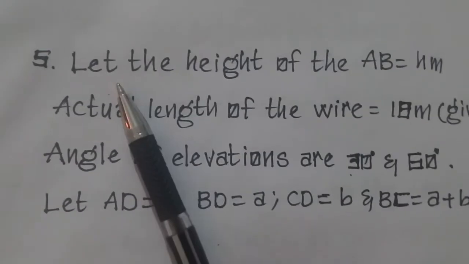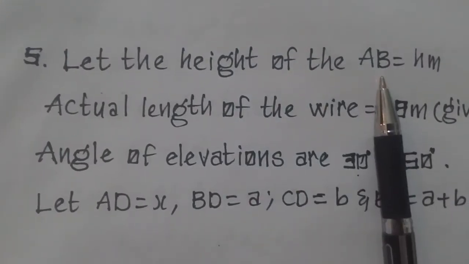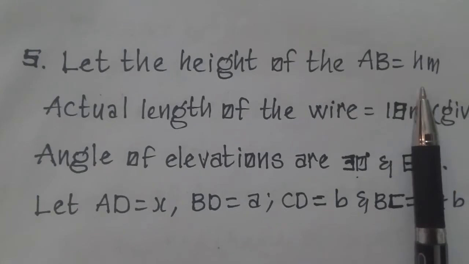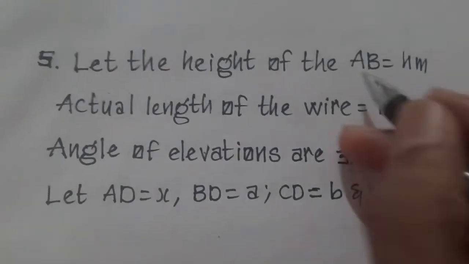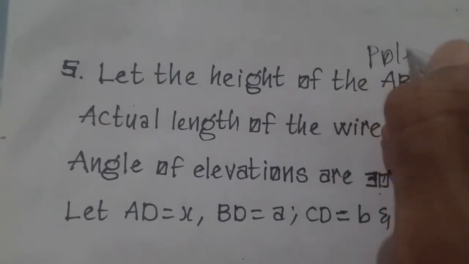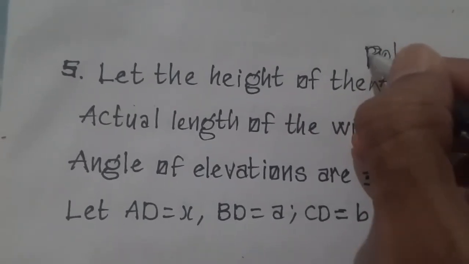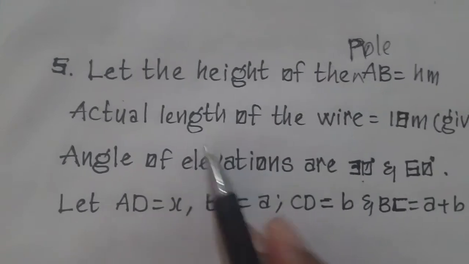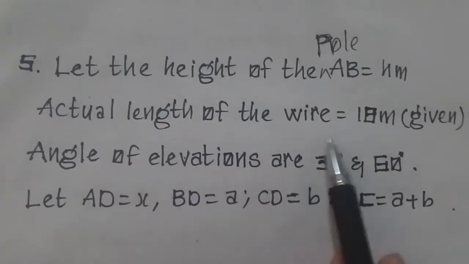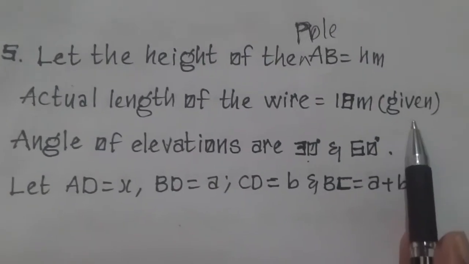Steps to write. Let the height of the pole AB be equal to H meters, and the actual length of the wire is 18 meters, given there.